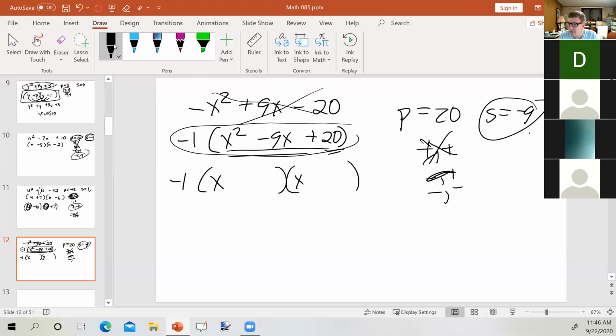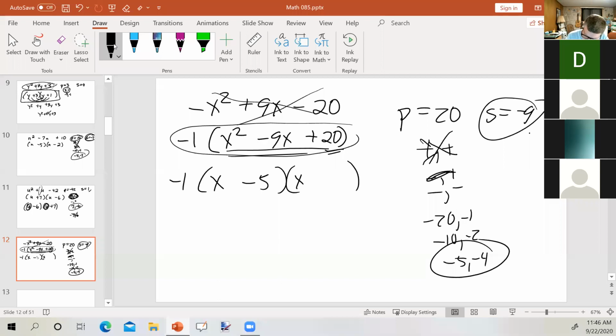So my 2 numbers have to be negative. So like -20 and -1, -10 and -2, -5 and -4, and of course, there they are. Now, you don't have to write down every possible combination, but if that helps you to see which one it is, in other words, if you can't immediately see that, oh yeah, -5 and -4, write them down, that'll help. But it's one of those things that you get better at the more you practice.